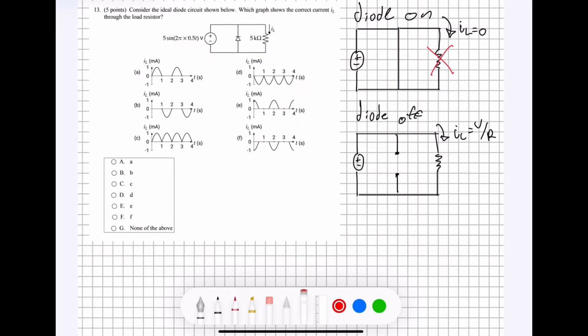So when the voltage is positive, the current is going to be flowing like this, and then going like this all the way through this loop here, because remember, this resistor is short-circuited, right? So when the voltage is positive, that's when we're going to have this diode on.